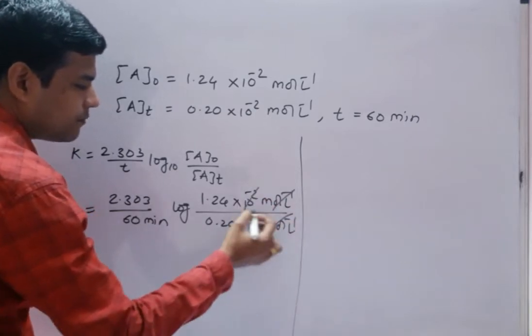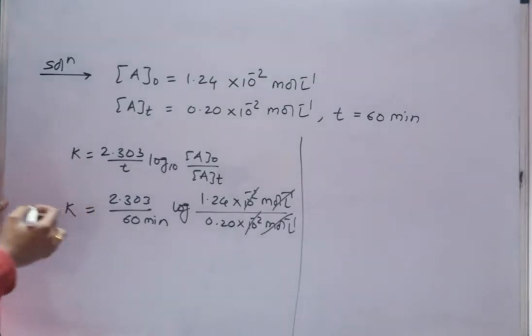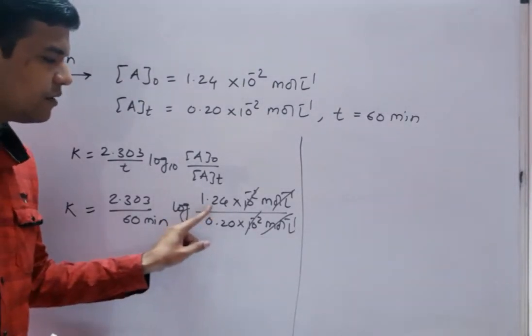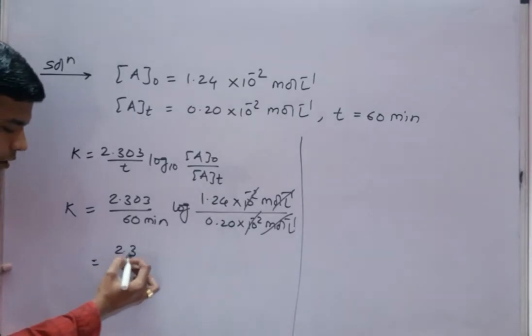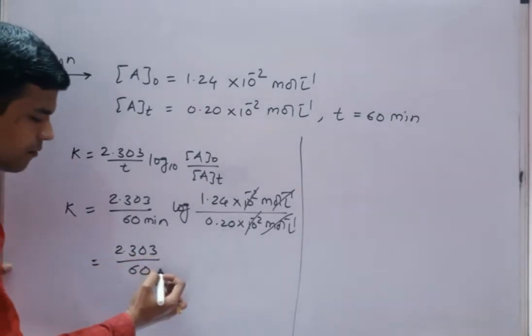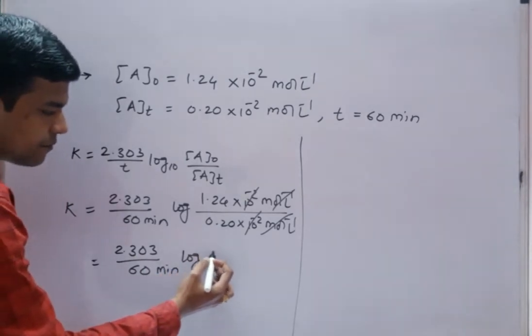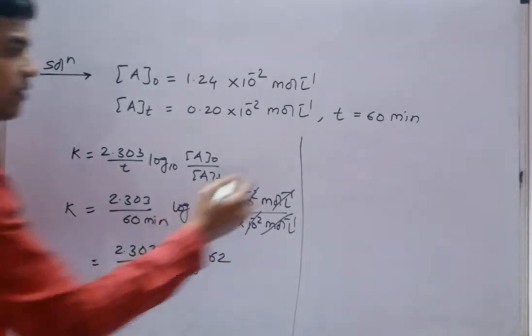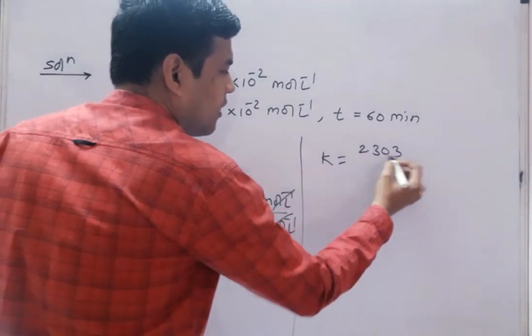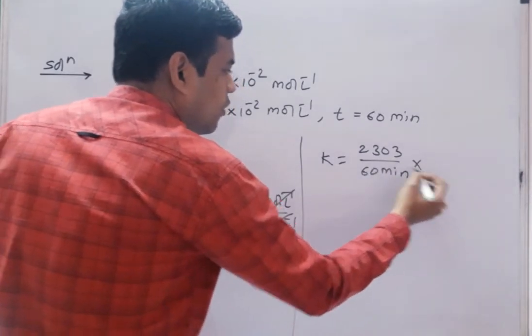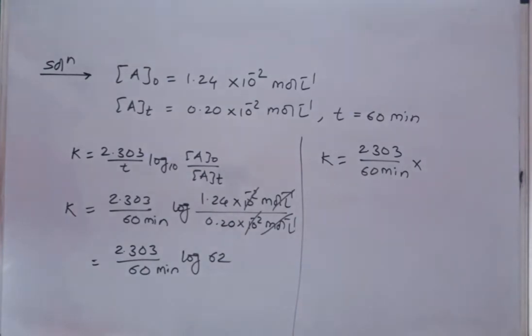The units will get cancelled, so per minute will be the unit of the rate constant K. Now by shifting the decimal, we get log of 62 here. Now you can calculate the log of 62.